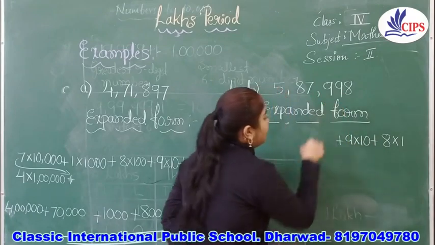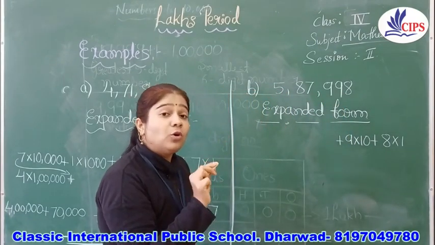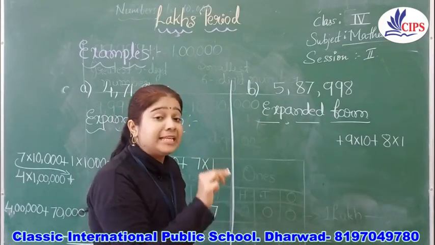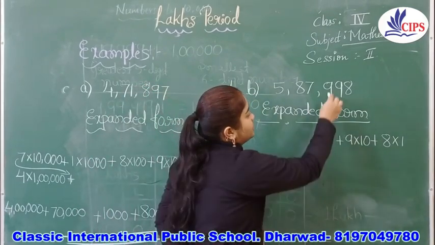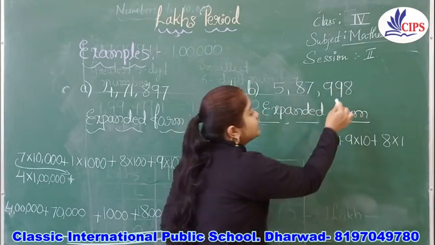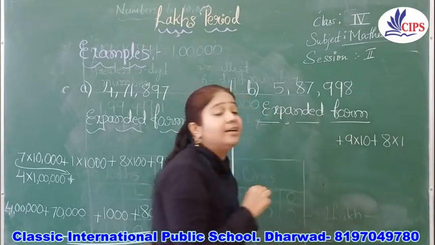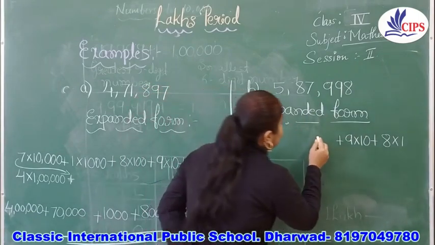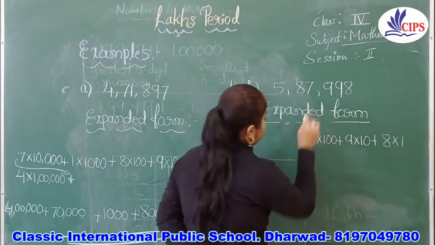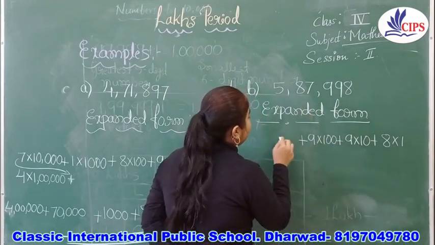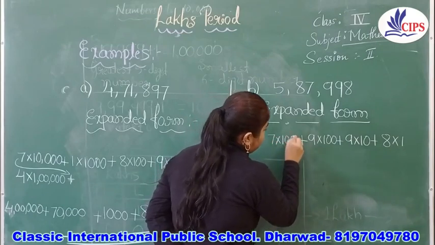Next again a 9. Don't get confused. If you are very clear about this place value chart, there is no need for confusion. See, both 9s are there, but this 9 is in the tens place and one more 9 is in the 100 place. So we'll write that 9 into 100.